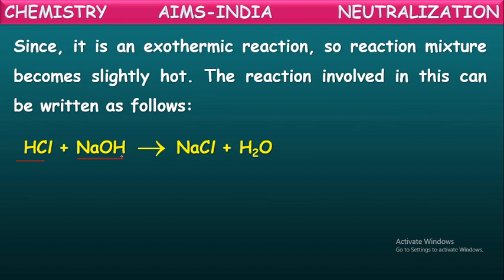These two react together to form sodium chloride, commonly called common salt, whose formula is NaCl, and water will also be formed. We know the chemical formula of water as H2O. These two are called the products of this reaction. Acid and base react to form salt and water. This reaction is called a neutralization reaction and it is exothermic in nature.